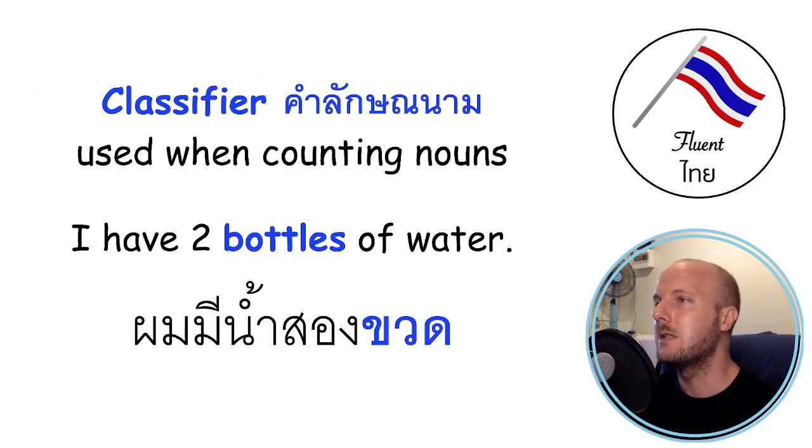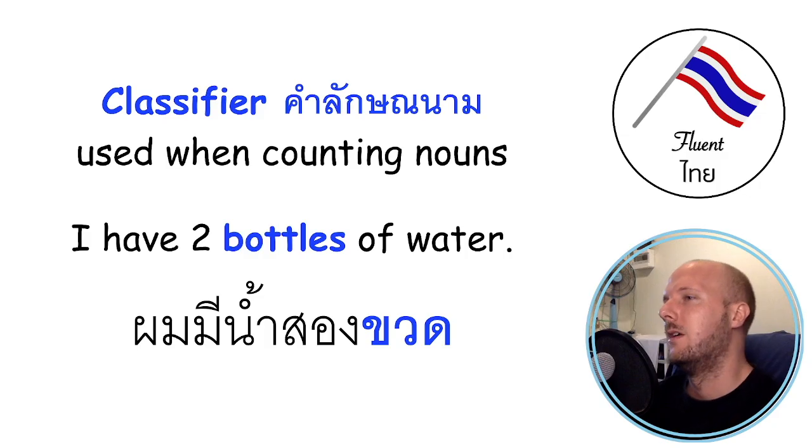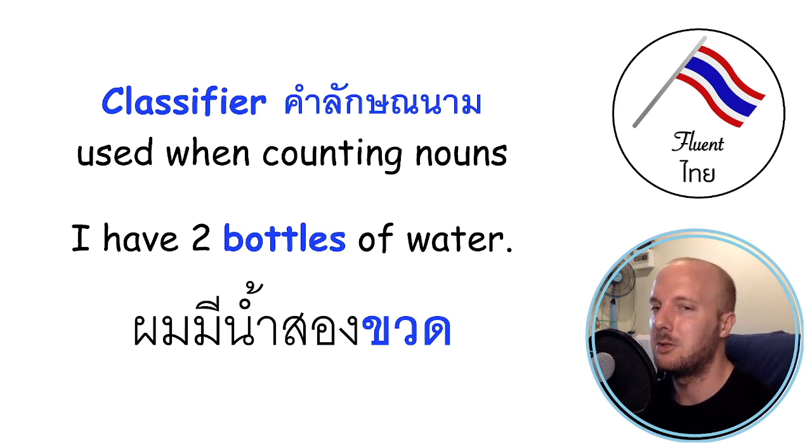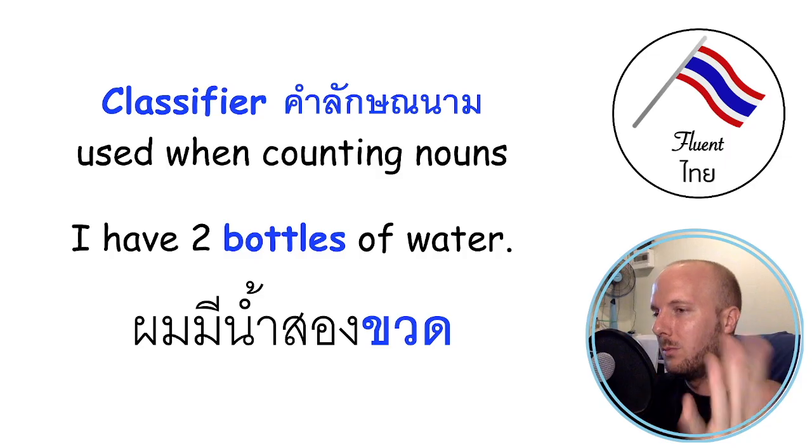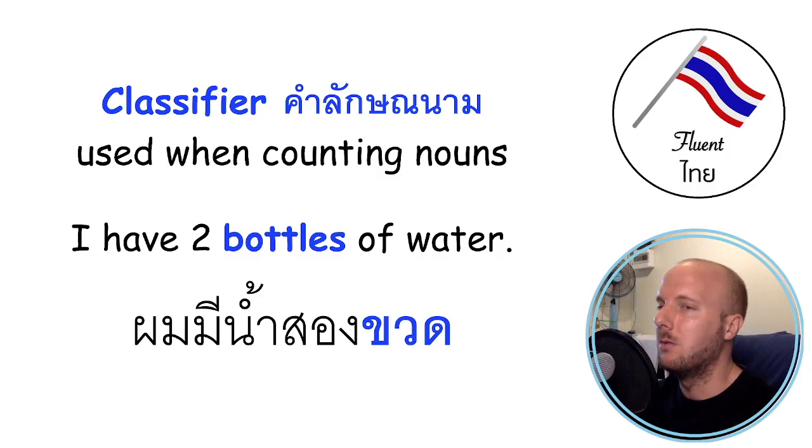Classifier. So we talked about this. คำลักษณะนาม is used when counting nouns. So, I have 2 bottles of water. We do use classifiers in English when the necessity for a classifier is happening. What I mean is we're literally saying "bottle". But if we go way back to 2 cats, we don't need another word to show cat.